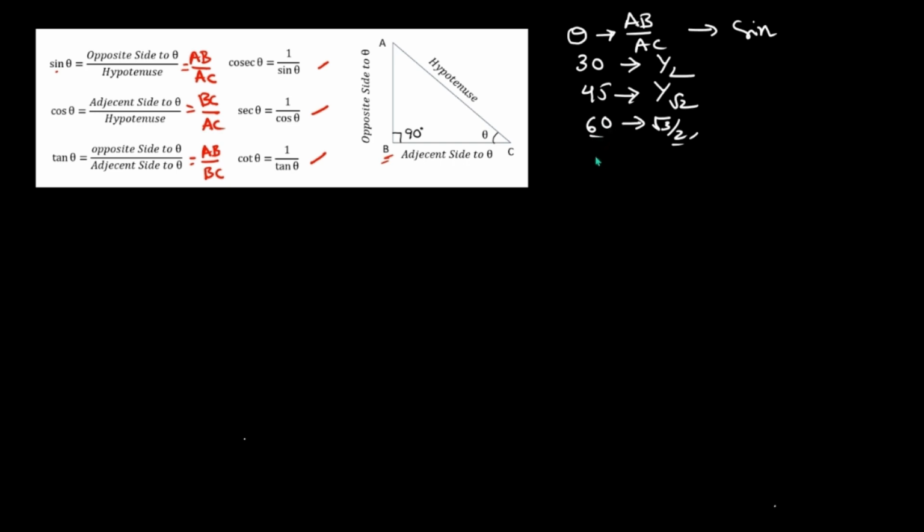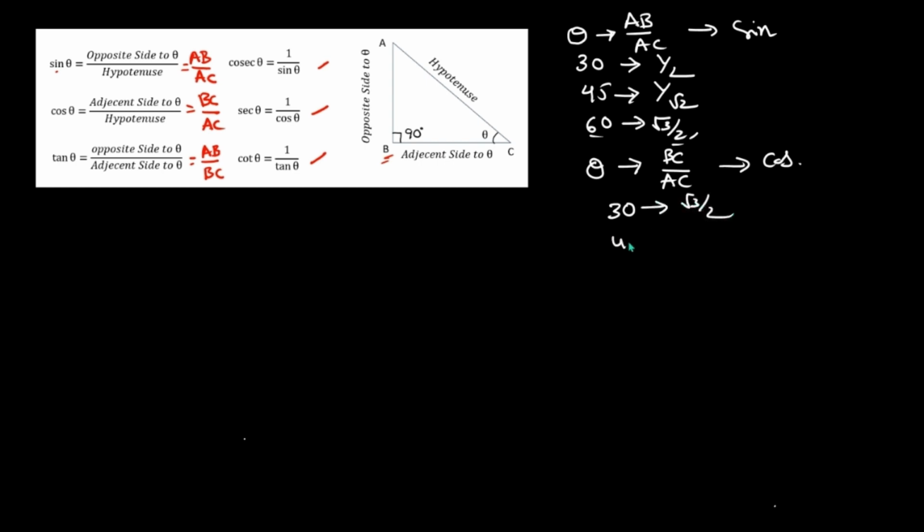Similarly, if you take the other ratio, adjacent side to the hypotenuse, that is also related to theta. If you take the adjacent side BC and the hypotenuse, we denote this as cos. For 30 degrees, this ratio is root 3 by 2.